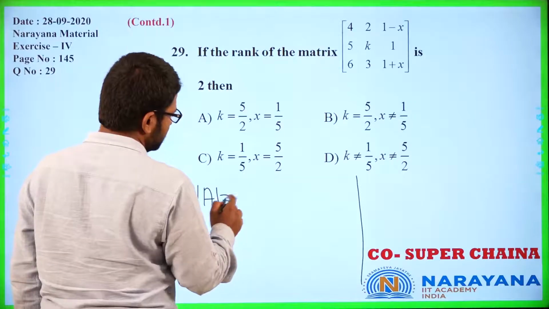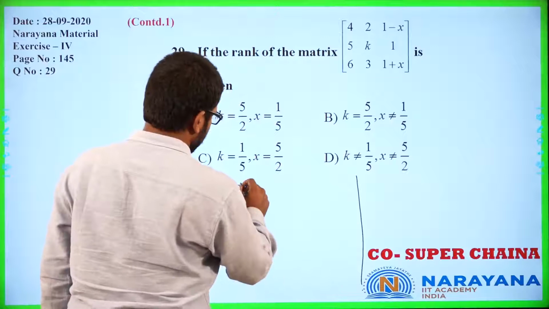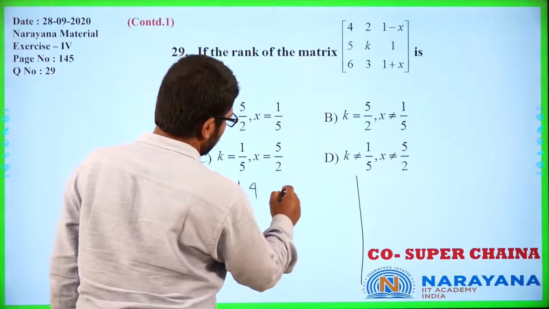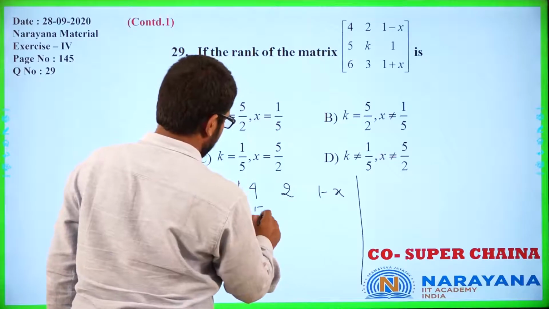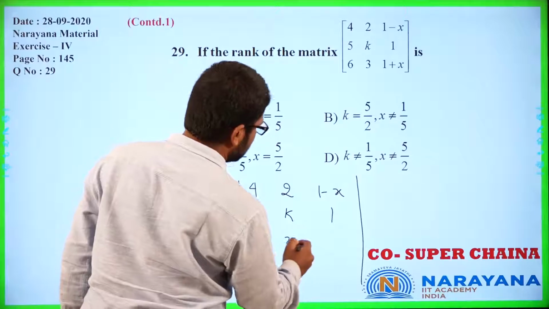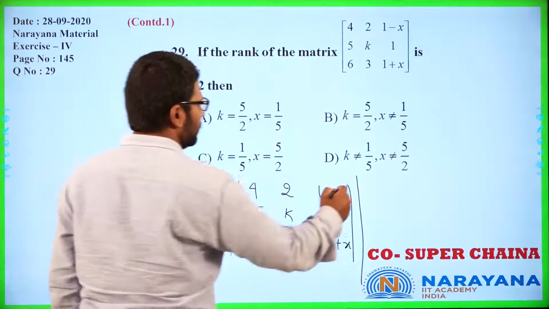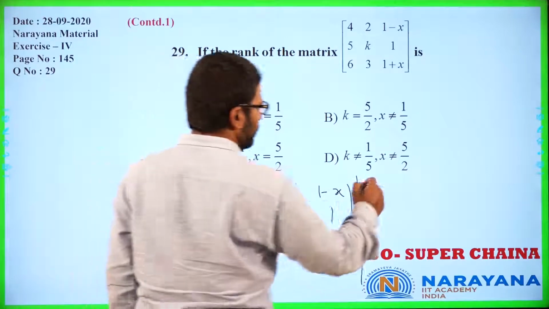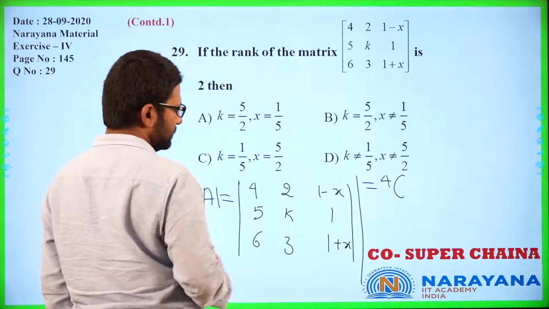Mod A is equal to the determinant with rows 4, 2, 1 minus x; 5, k, 1; 6, 3, 1 plus x, right?